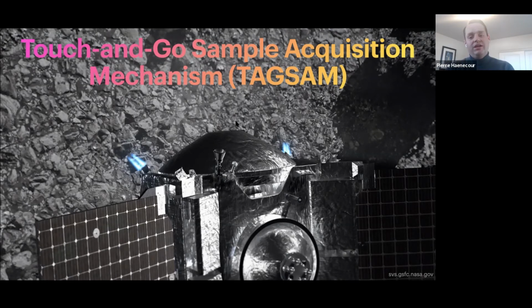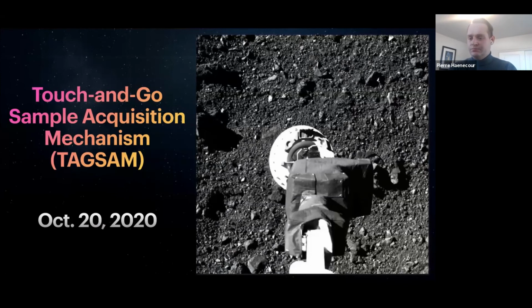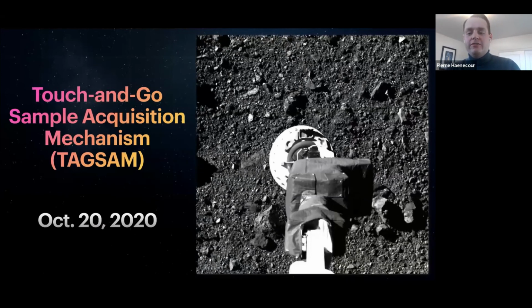It's difficult to see because it's so dark that you don't see the surface, but it gives you an idea of how material was blown away as the nitrogen was blown to push material into the collector. And so here is the image from the actual tag event. Those are the actual images acquired during the tag. So you see the head going down.